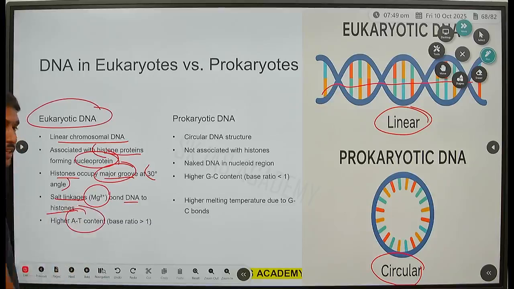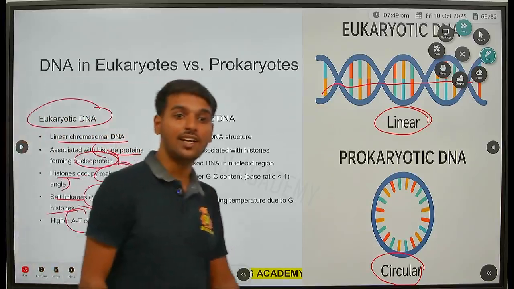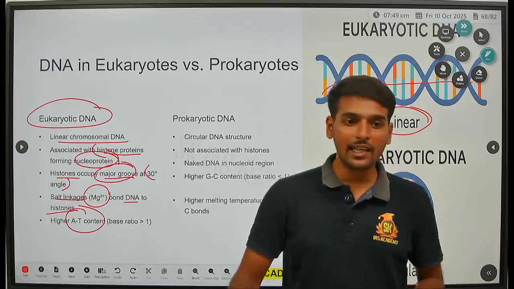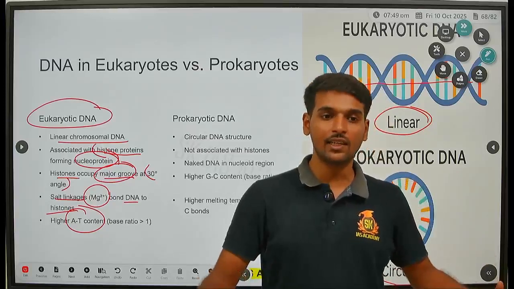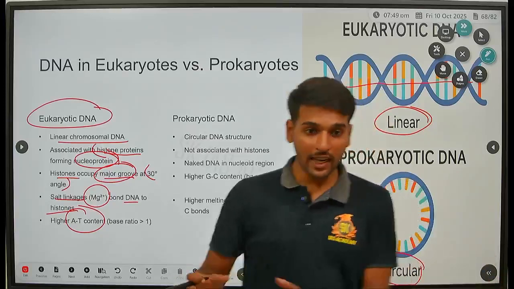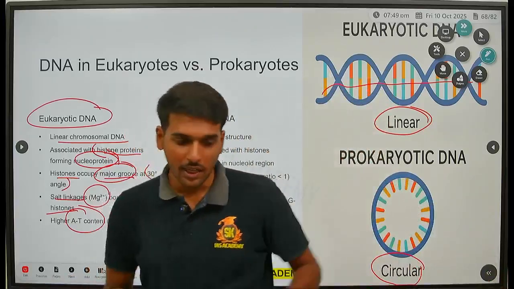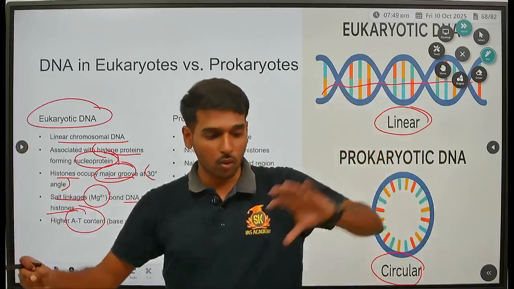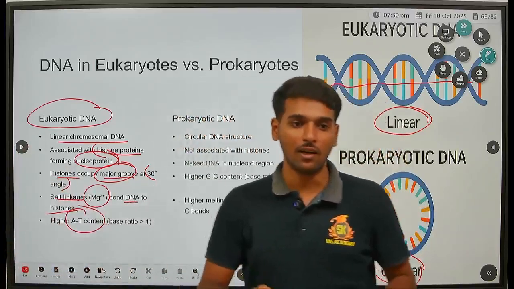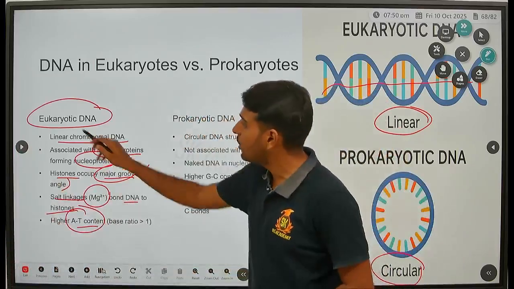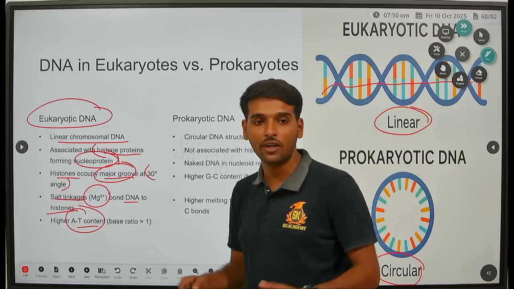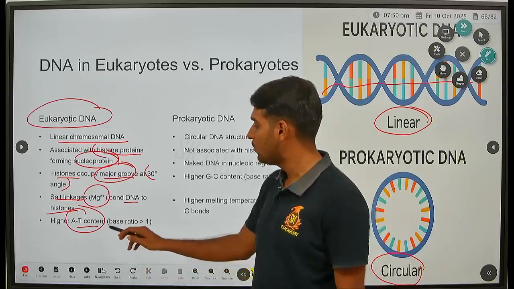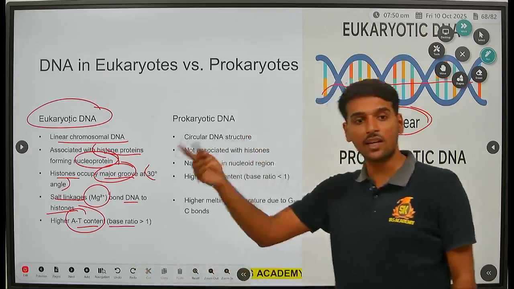Higher AT content in eukaryotic DNA. I told you about A and T content and G and C content. A and T content is equal, G and C content is equal, but overall AT content and overall GC content are not equal. AT content in eukaryotes is more as compared to GC content. So the base ratio is greater than 1.